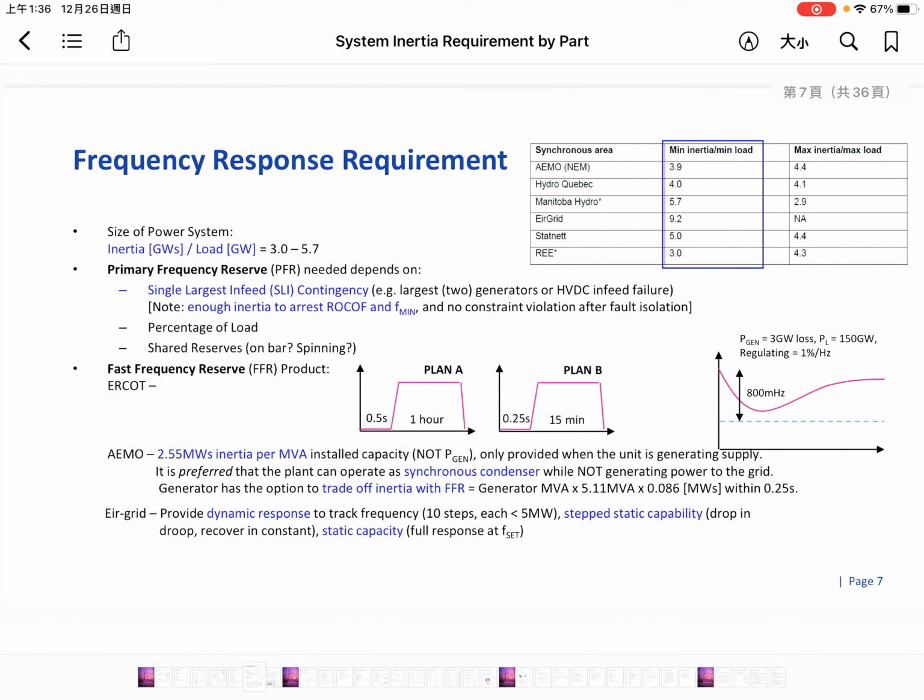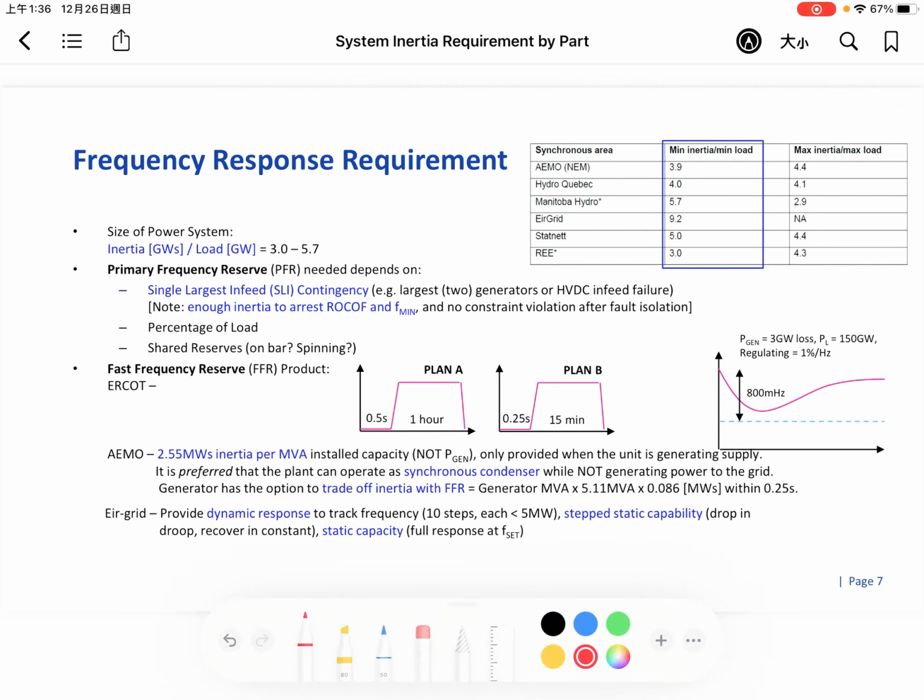So here are the frequency response requirements used in different synchronous areas or other utilities. The first one that we need to be concerned about is the inertia over load value. This is often a value provided by different utilities, and it means that if there is an increase of load, then you need to have more inertia because this delta P can be large.